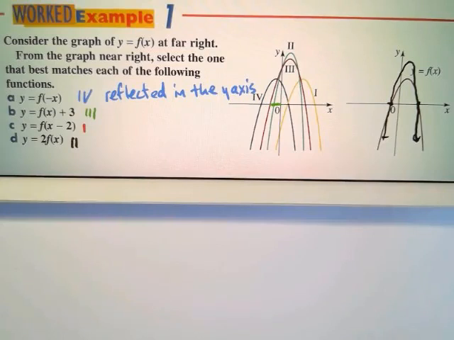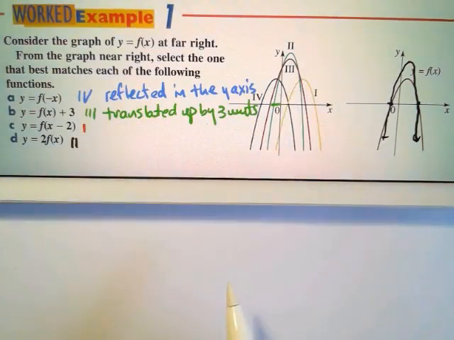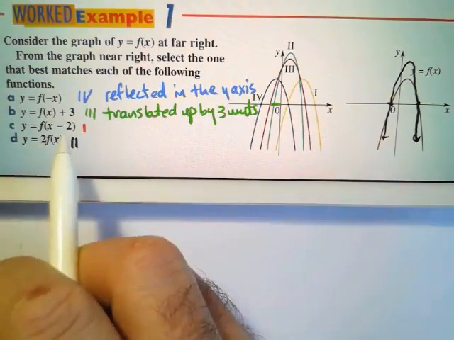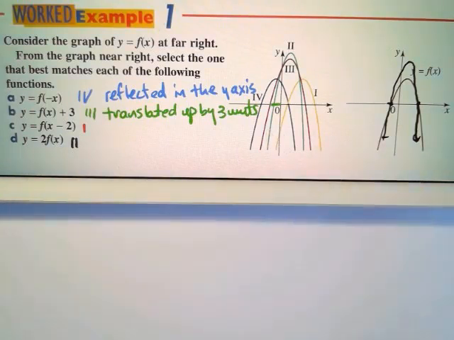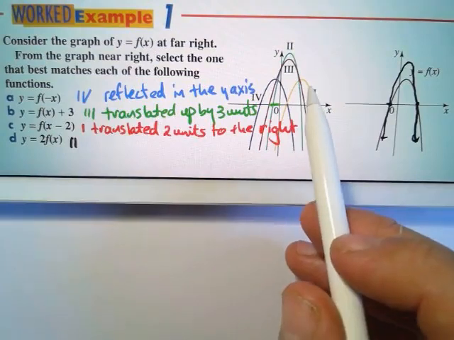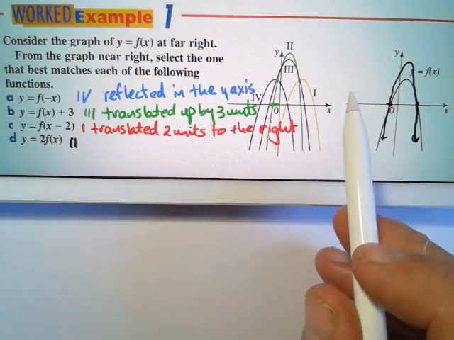So we are going to write the following: translated up by 3 units. For x minus 2, remember that was a translation, so that graph has been translated 2 units to the right.